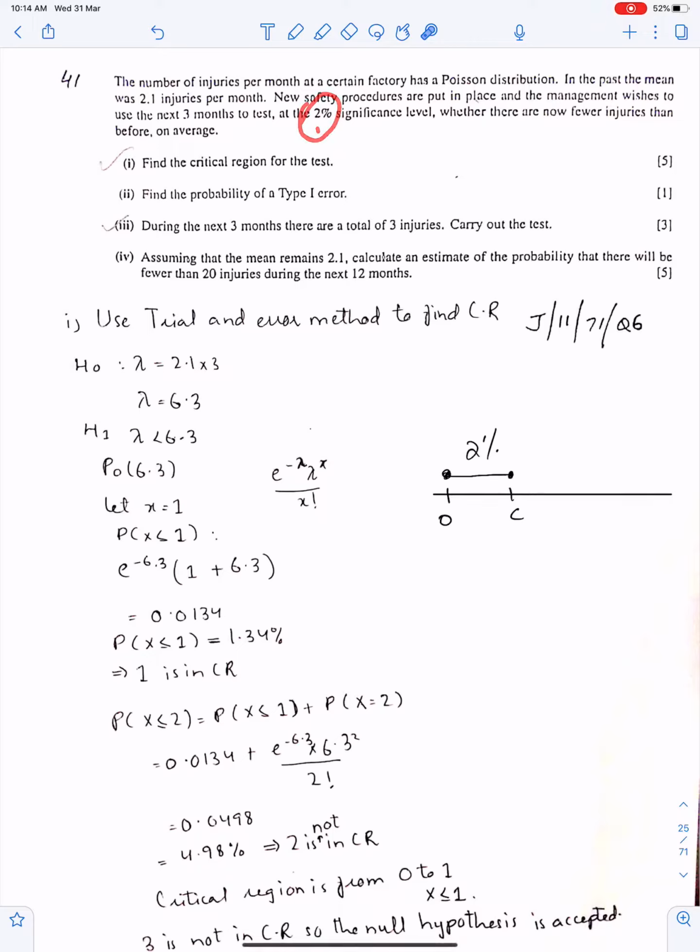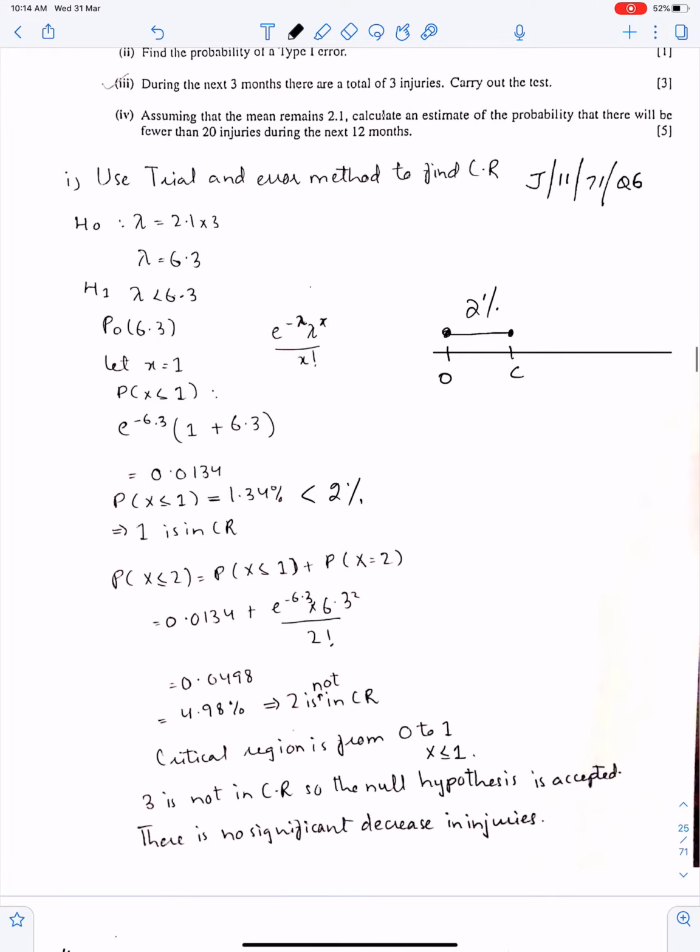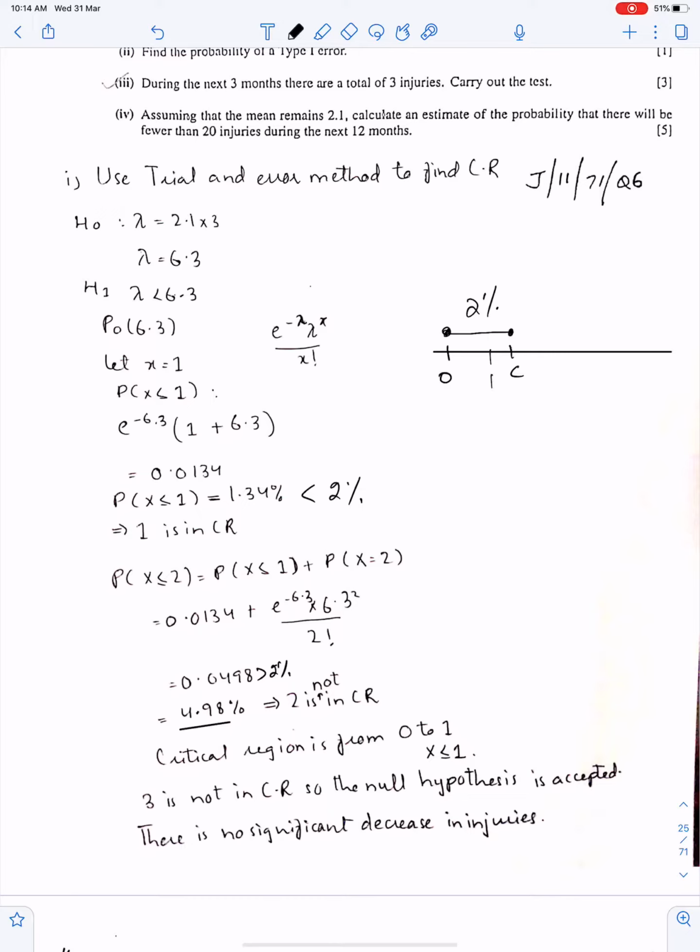So this probability is less than 2%. So 1 is in critical. And this probability is greater than 2%. So this is not in critical region. So critical region is 0 to 1. And 2 is not in critical.